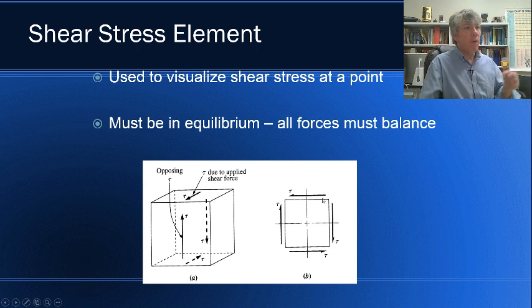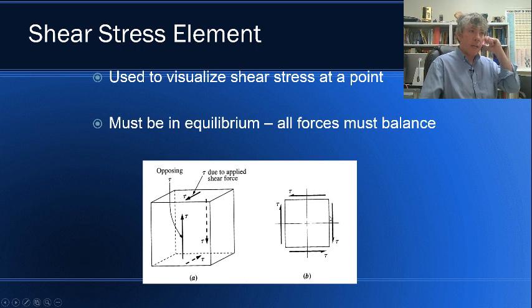The problem is, if we put a shear in the opposite direction, there's going to tend to be rotation of this little infinitesimal bit of material. So we have to have shear stress on the other faces as well that tend to cause an opposite moment to keep the thing from rotating.